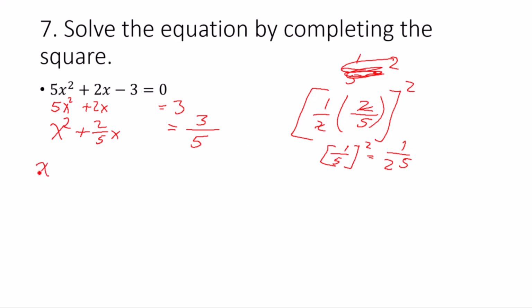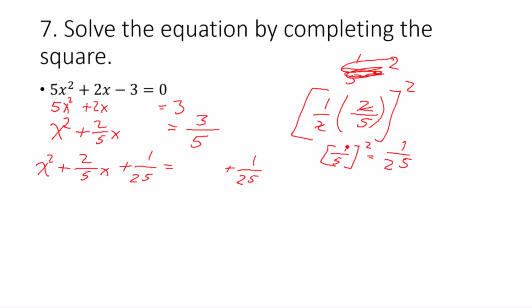So, moving back over here, x squared plus 2/5 x plus the number I just found, 1/25 equals. Now over here, I know I need 25 as a denominator. So here's the number I'm going to add to it.